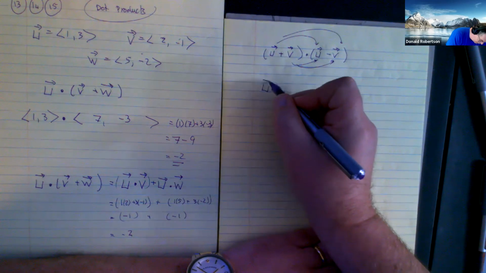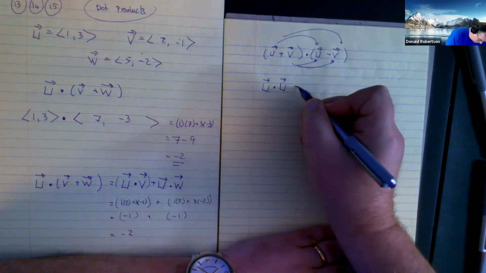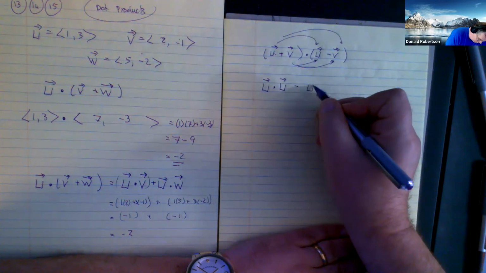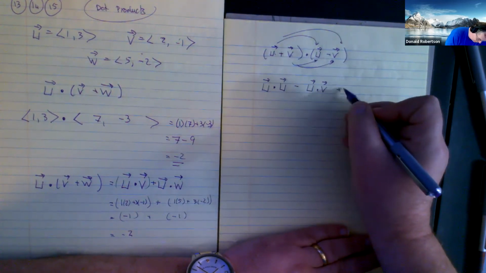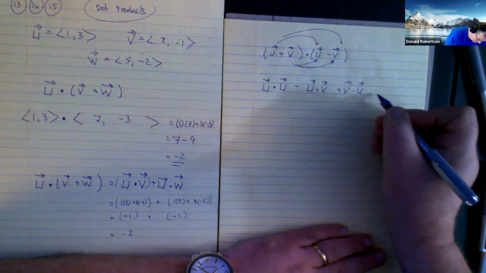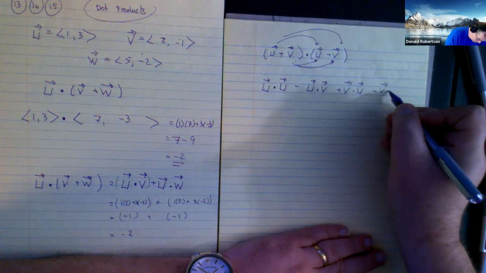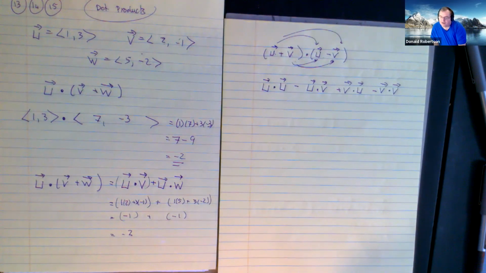And you get u dot u take away u dot v plus v dot u minus v dot v. Isn't that just like foiling?